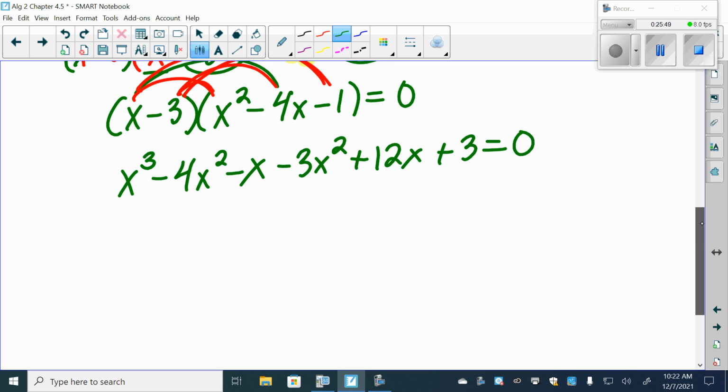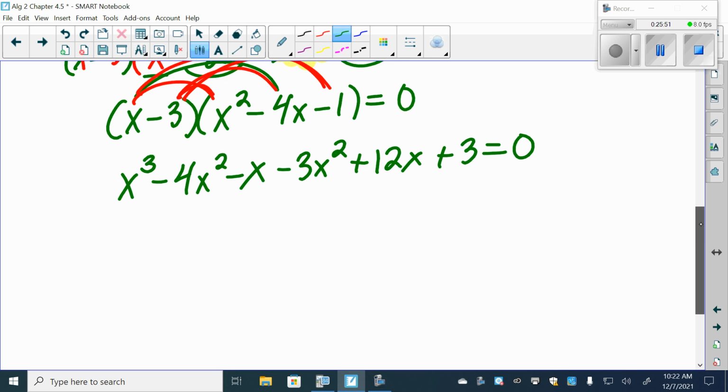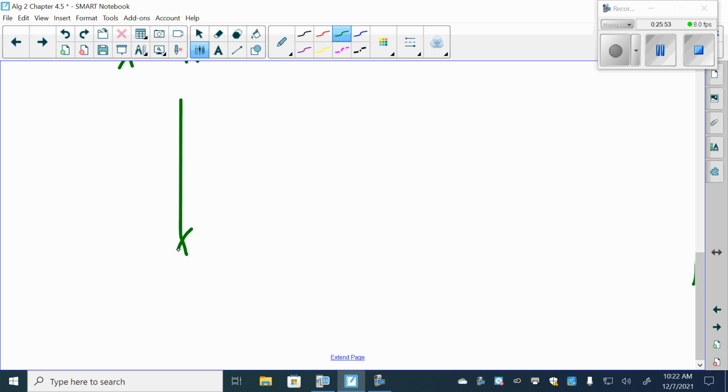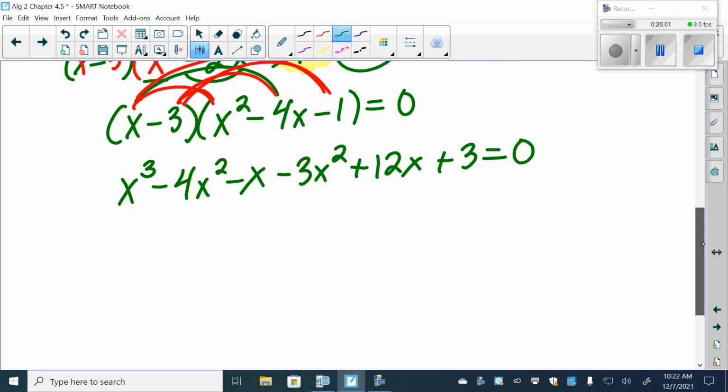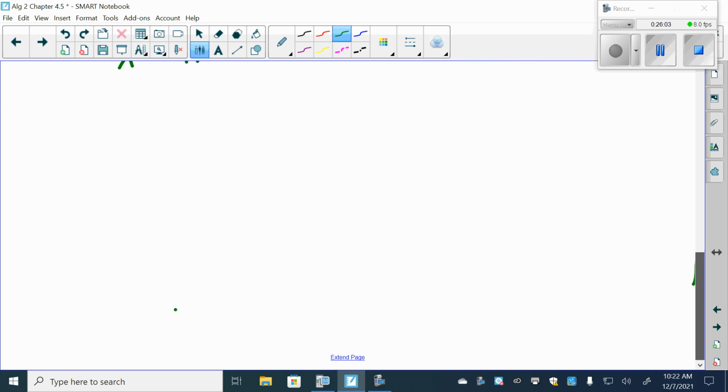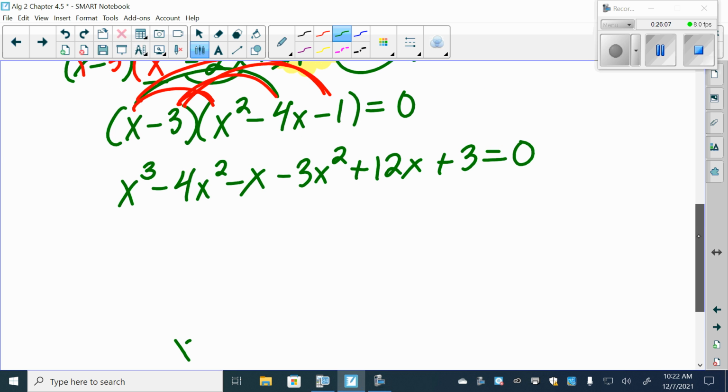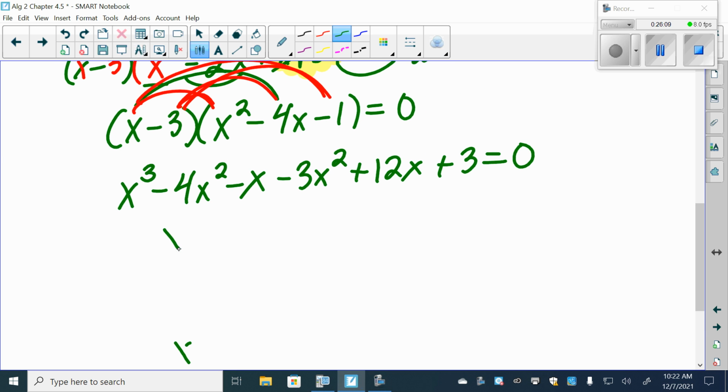I'll scroll back up. And last but not least, we do need to combine like terms. x cubed. Negative 4x squared minus 3x squared would be negative 7x squared.